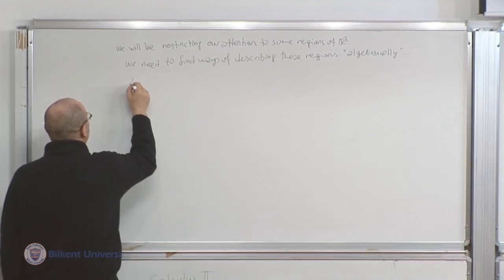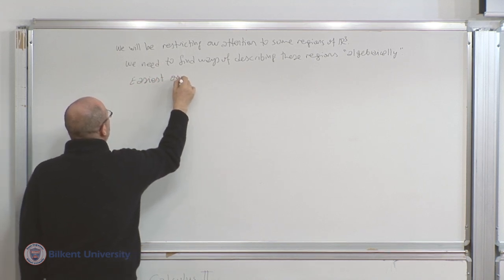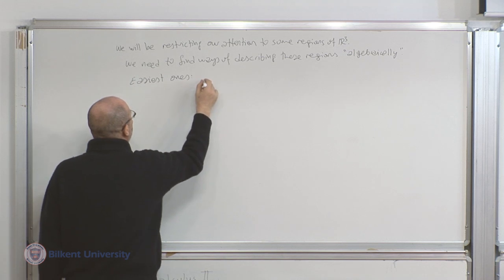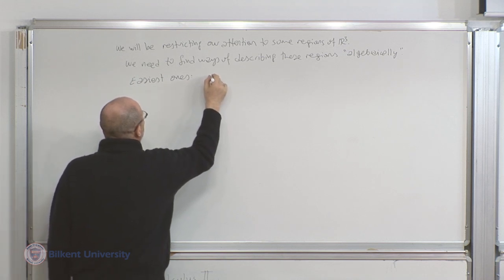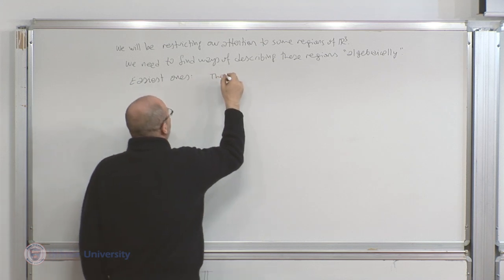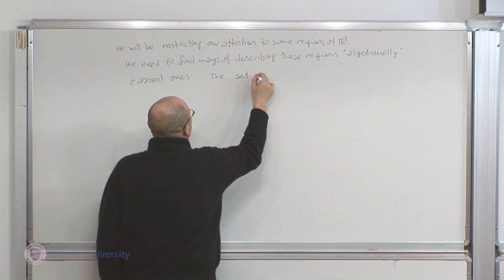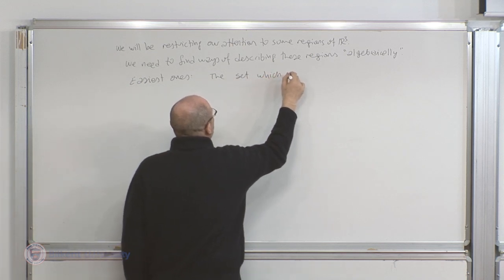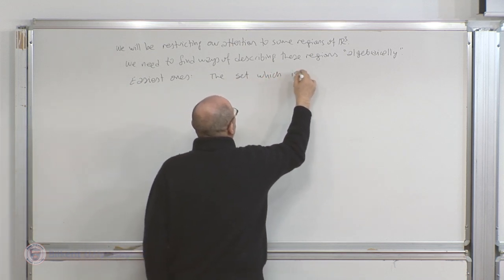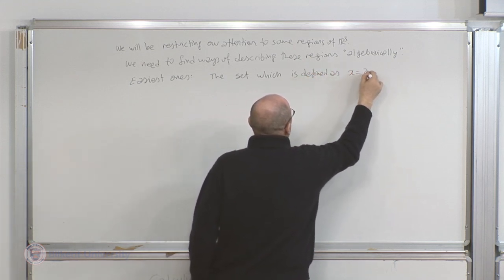So for example, we will do several of these things as we go along. The easiest ones are like this. Say, for example, the plane, well, we don't know that yet, the set which is defined as, let's say, x equals 2.